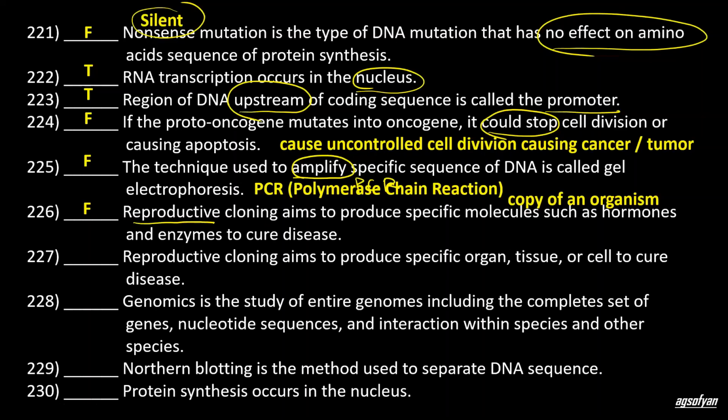Reproductive cloning aims to produce specific organ, tissue, or cell to cure disease. Again, it is not organ, it is organism or individual, the whole individual. So, does reproductive cloning make copy of organism?